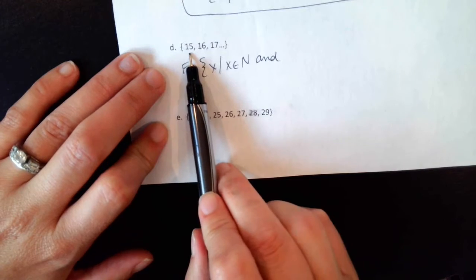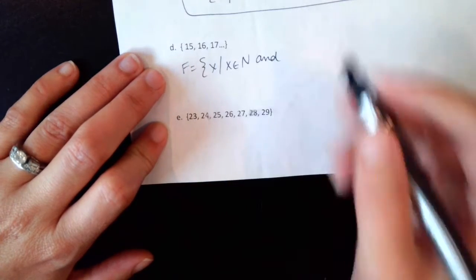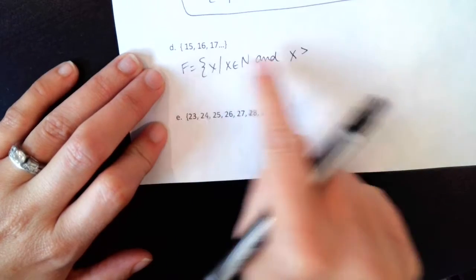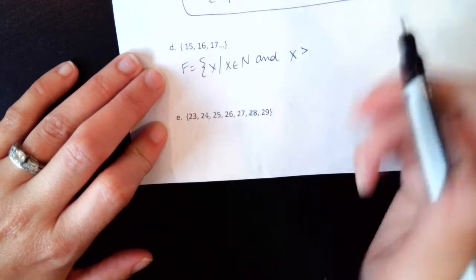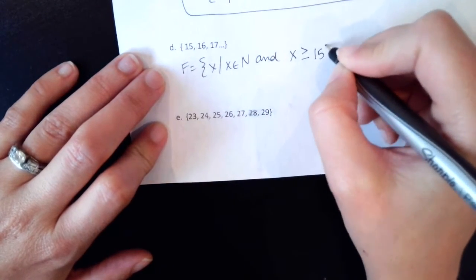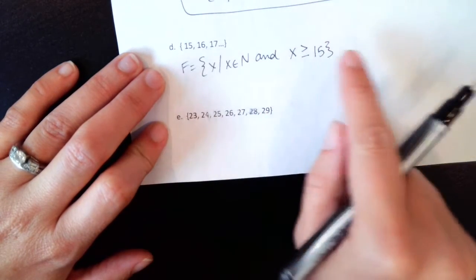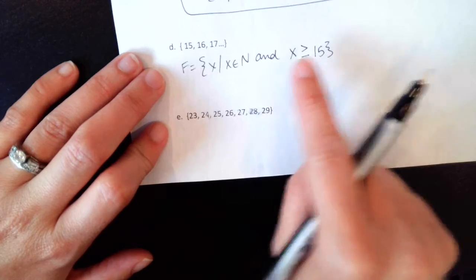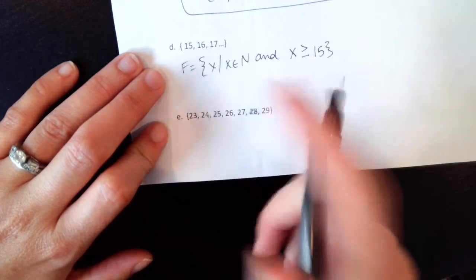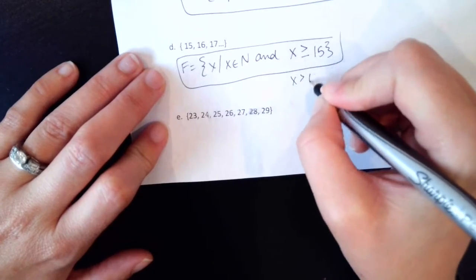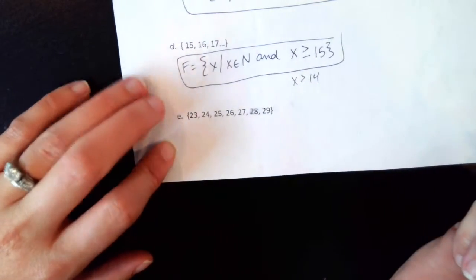So I'm starting at 15 and getting bigger. I want all of the numbers bigger than, and you can either write greater than 14 or greater than or equal to 15. I like to use the 15 because it's what I see. Sometimes if you use 14, that gets a little confusing because you don't see the number 14 over here. But if you want to write X is greater than 14, you can, that's right.